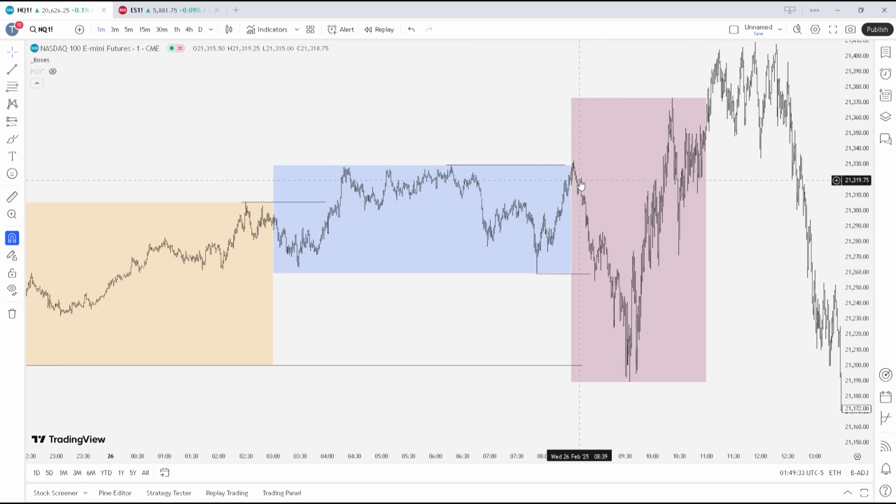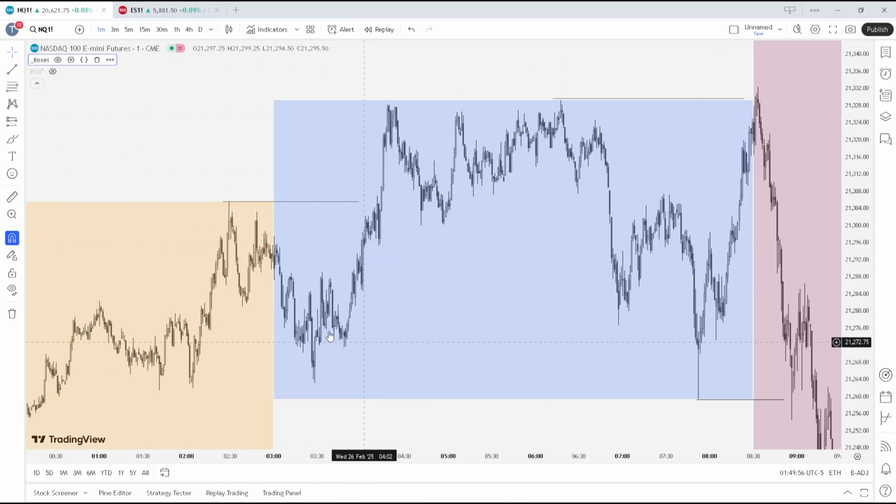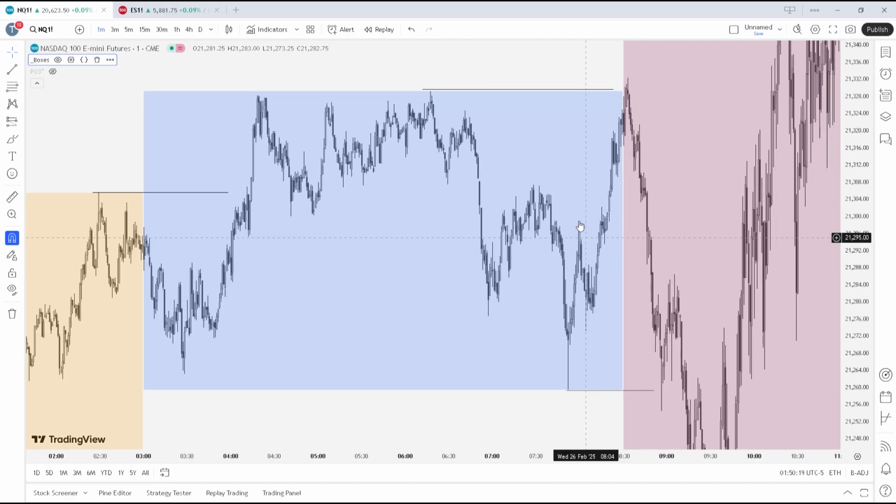So the New York session gives the most amount of liquidity, and the London session isn't the best time to trade, at least for the NASDAQ, because NASDAQ is based on the top 100 US companies, right? So it makes more sense that there would be more volatility and more people trading during the New York session.